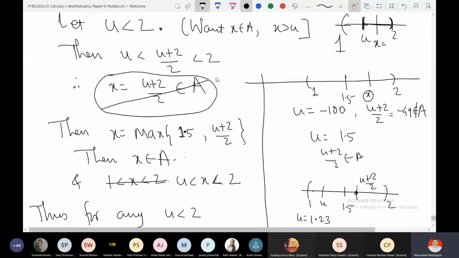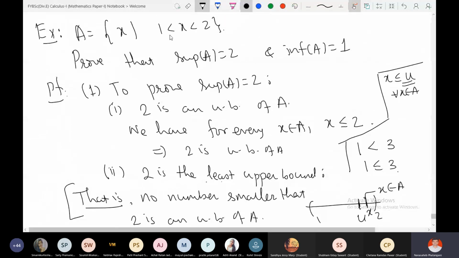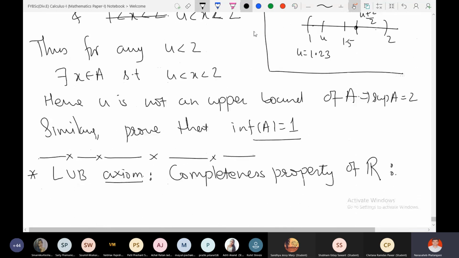So here, in this previous example, in this previous problem, our set was very straightforward. That is, 1 is less than x less than 2. So all numbers between 1 and 2. That was our set. And therefore, we could easily understand that 2 is the least upper bound, and 1 is the greatest lower bound.